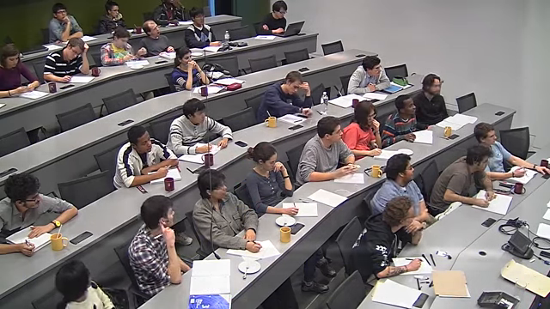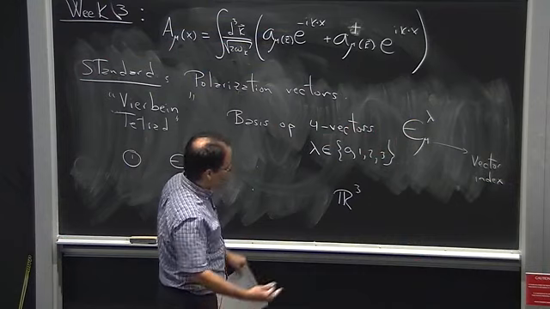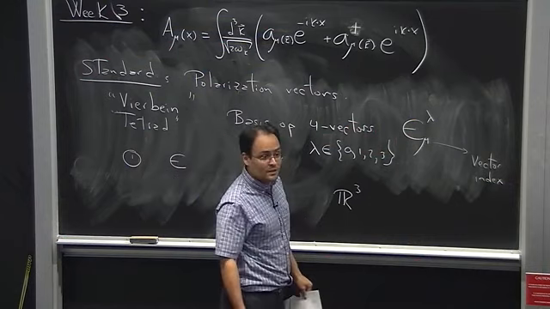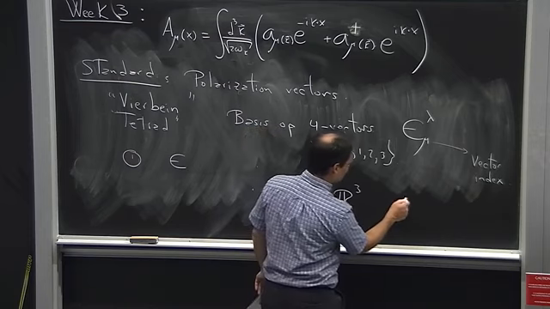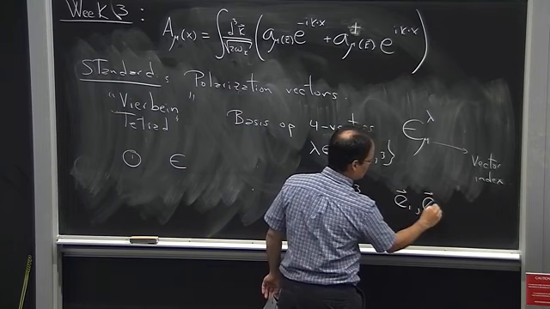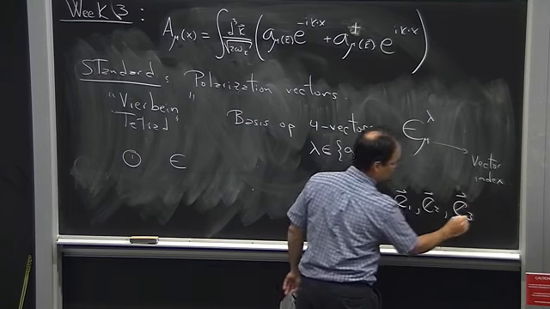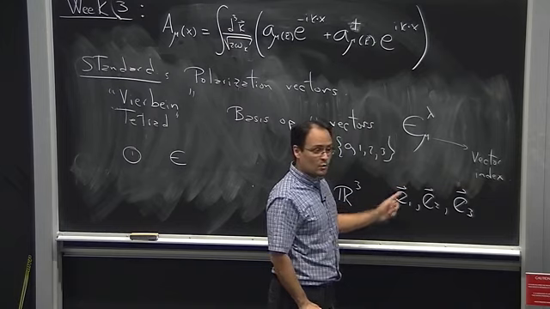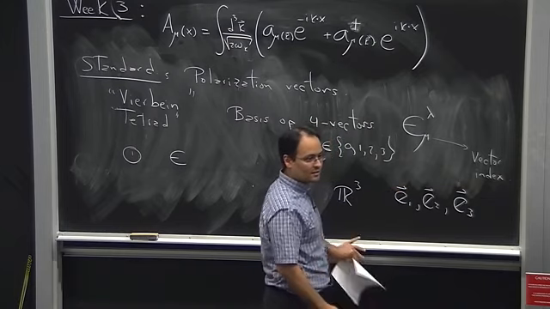Imagine you have R3, right? And the reason you're confused is that whenever I give you a basis of R3, I usually tell you, well, I have vectors E1, E2, and E3, right? But imagine that each vector, I don't want to write it with an arrow. I want to put the component in there, right?